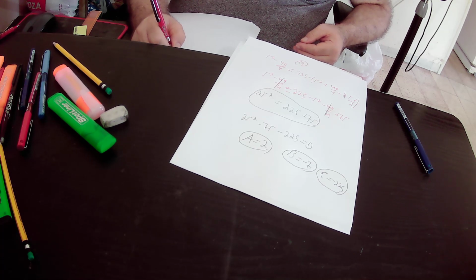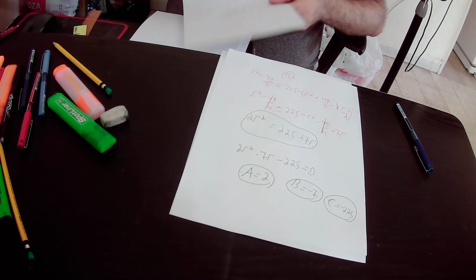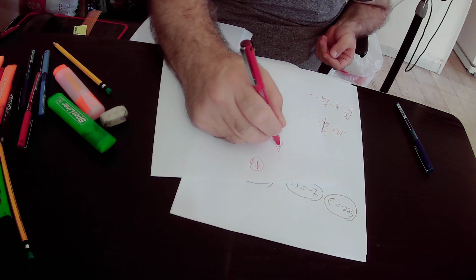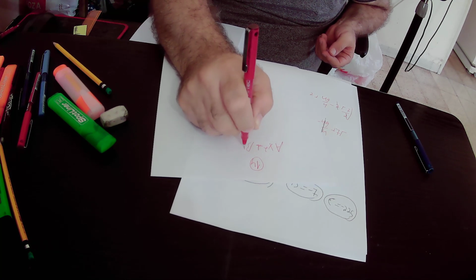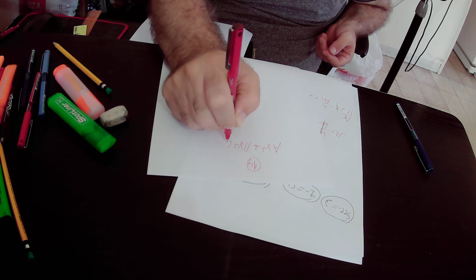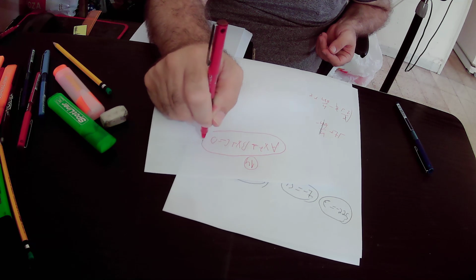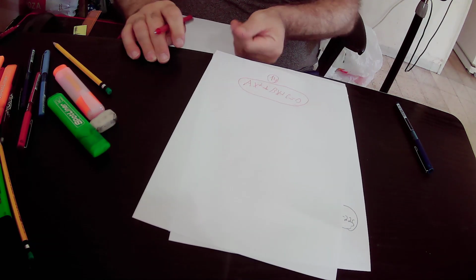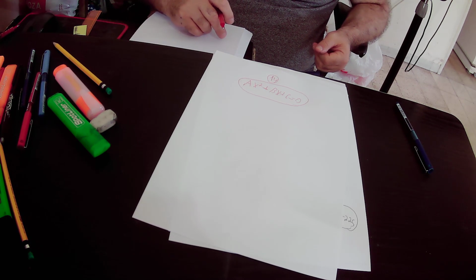The general formula for a quadratic equation is a times x squared plus b times x plus c equals 0, where a, b, and c are the coefficients of this quadratic equation, and x is the variable that we want to find out.